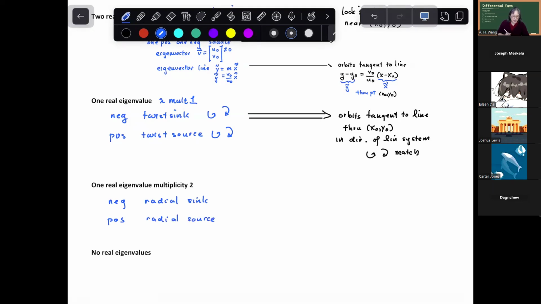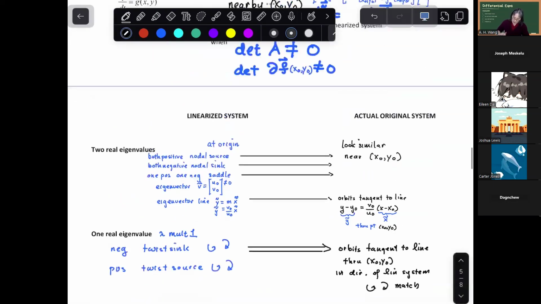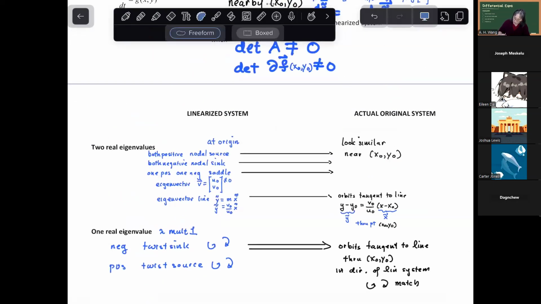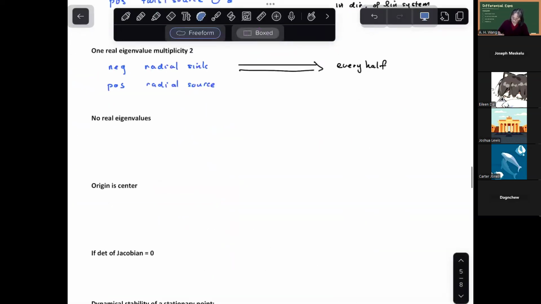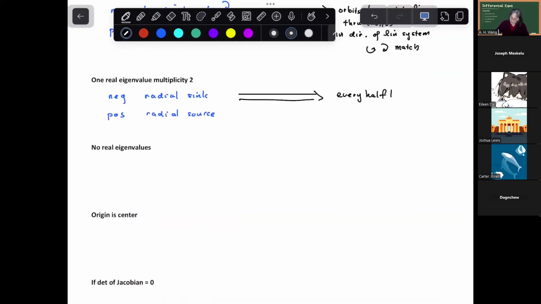So then again, in a similar way, every half line, these are the ones that we care about, where the determinant of the Jacobian is not equal to 0, radiating from the x naught, y naught, which is our new origin on the other side, has an orbit tangent to it.